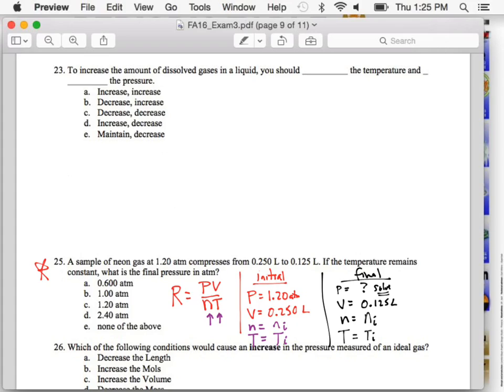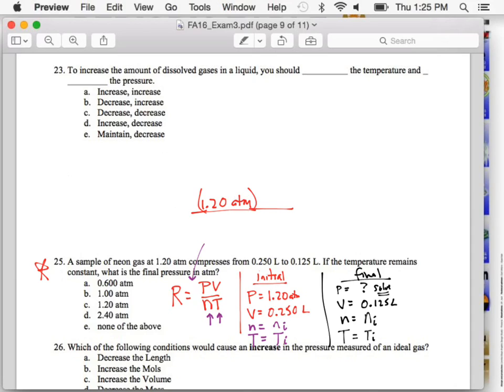This is where the ideal gas law comes into play. At initial, what is R? The same value as it is final, which means I can take my pressure initial, 1.20, was that right? Why am I freaking out at that number? 1.20 ATMs times my volume.